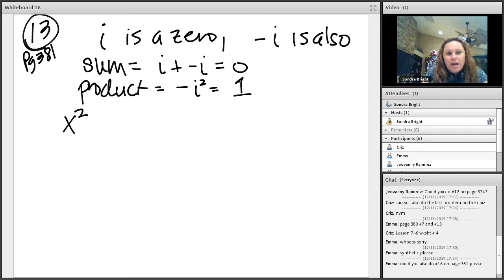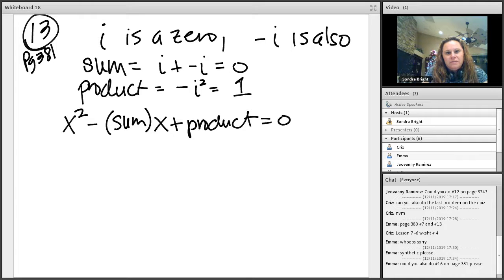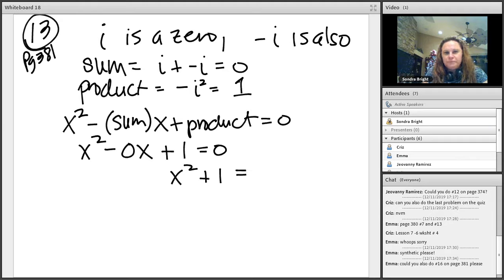So the quadratic from this will be x squared minus the sum of the two guys times x plus the product. The quadratic will be x squared minus 0 times x plus 1, which means that it's an x squared plus 1. Right?